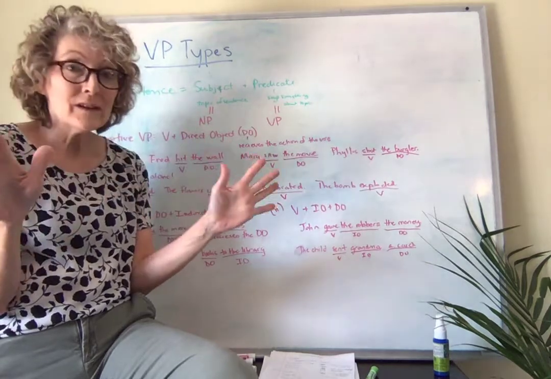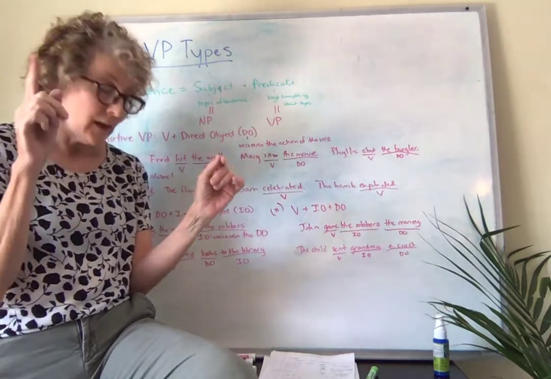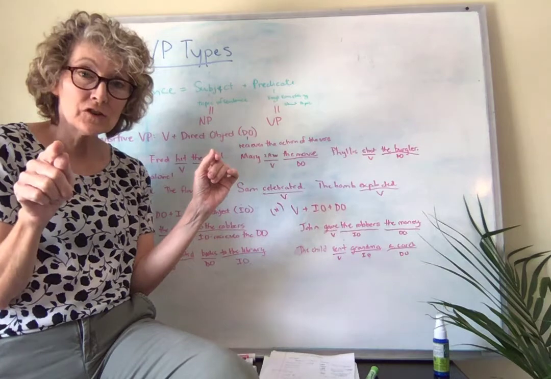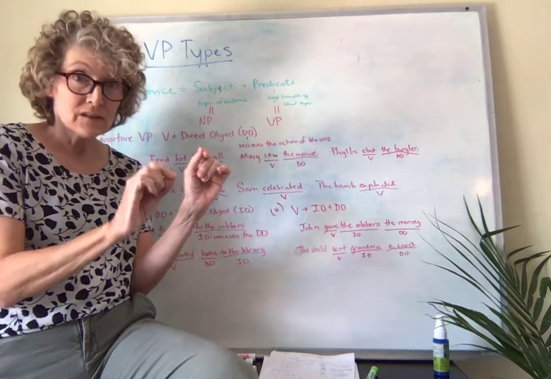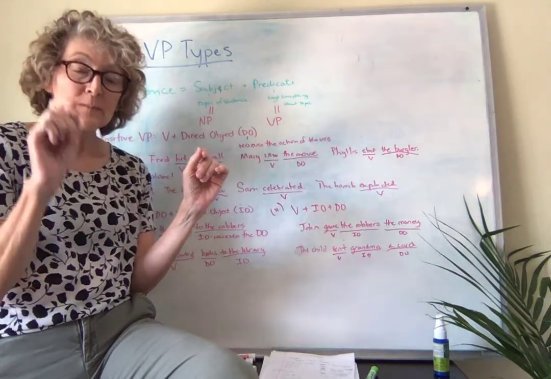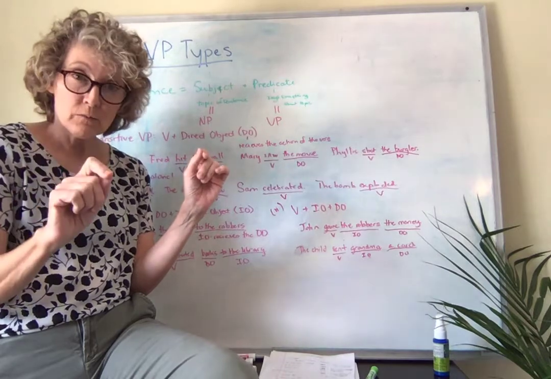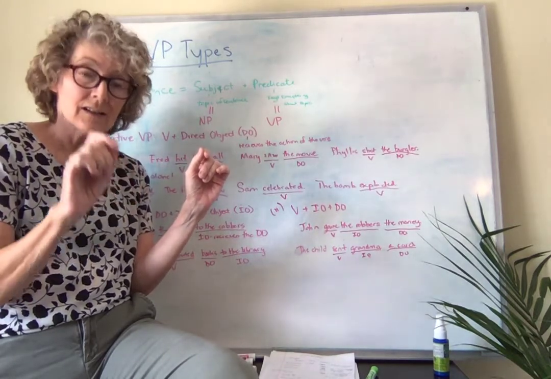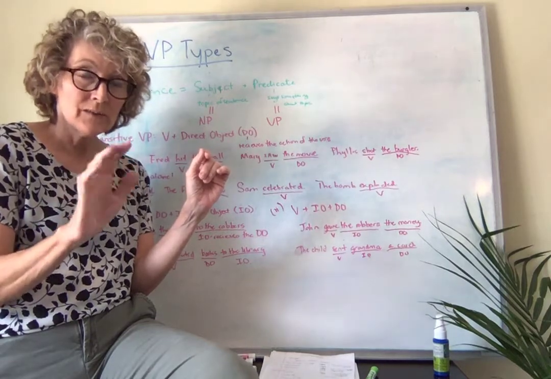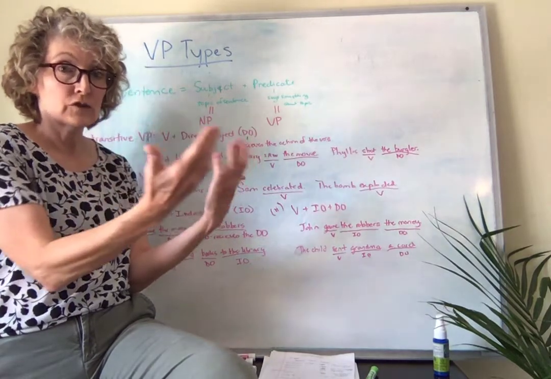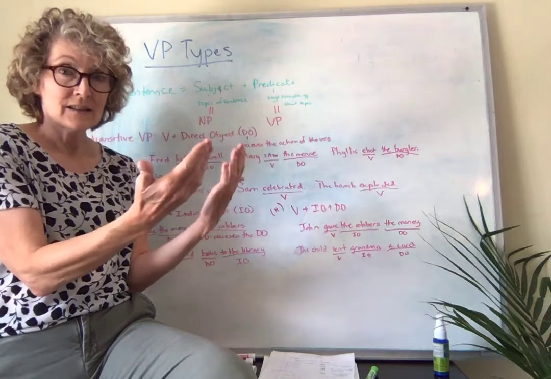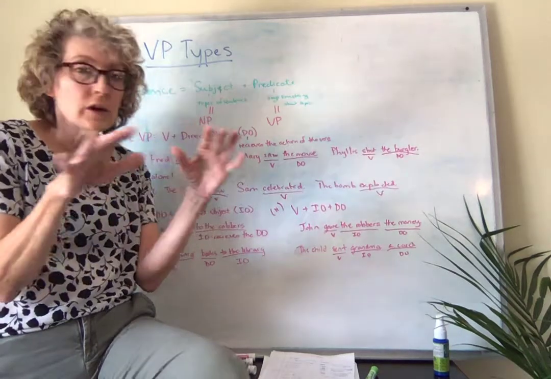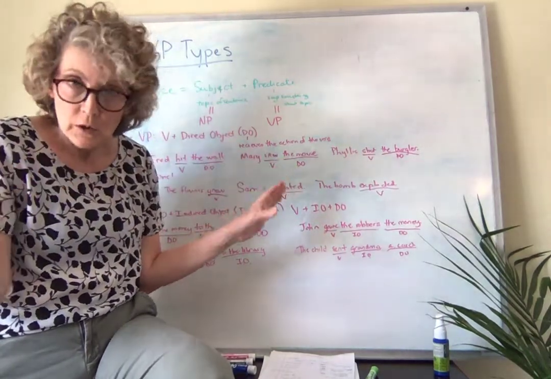And you will always have that because every single sentence in English is comprised of a subject and a predicate. The predicate is always the verb phrase. The verb phrase always contains at least one verb in English. So if you have two words in a sentence in English, you already know what must be going on.